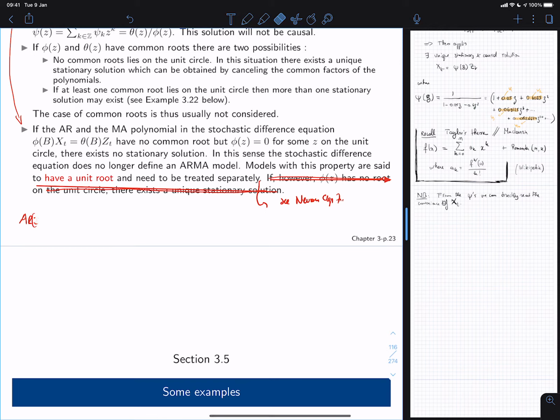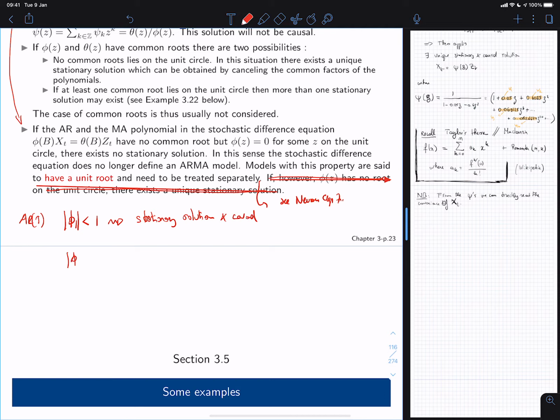Sorry, it's AR1. We saw that if phi1 was less than 1, then you had a unique stationary solution, and it was causal.